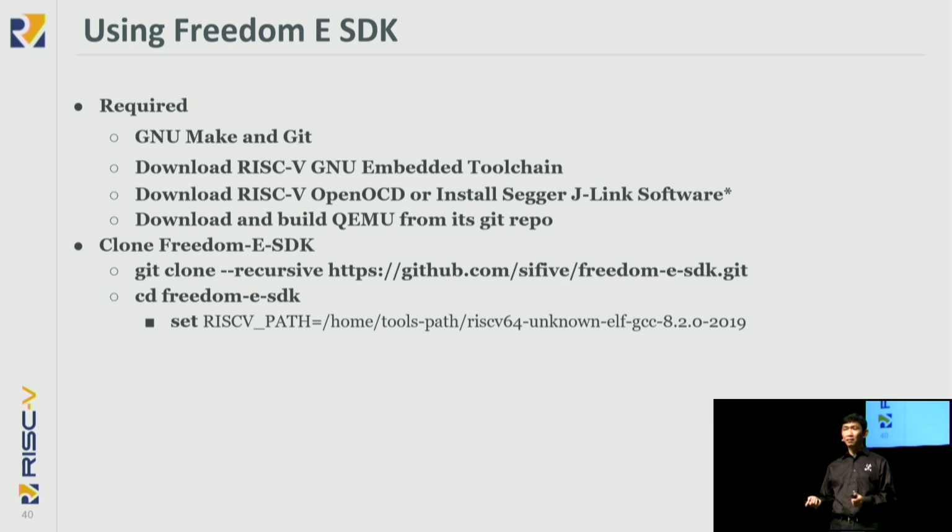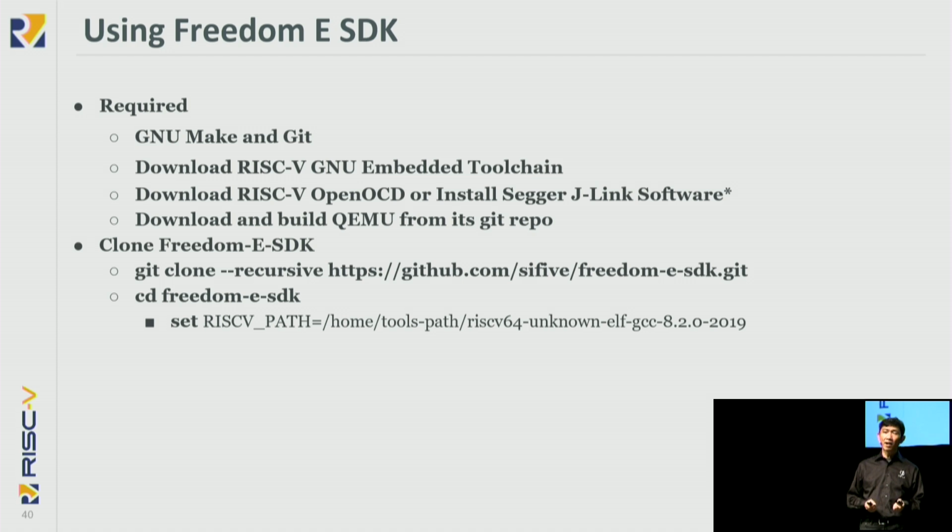And because Freedom Studio is built on top of the Freedom E SDK itself, which is a command line environment, you can easily get access to that by simply cloning from the SiFive GitHub.